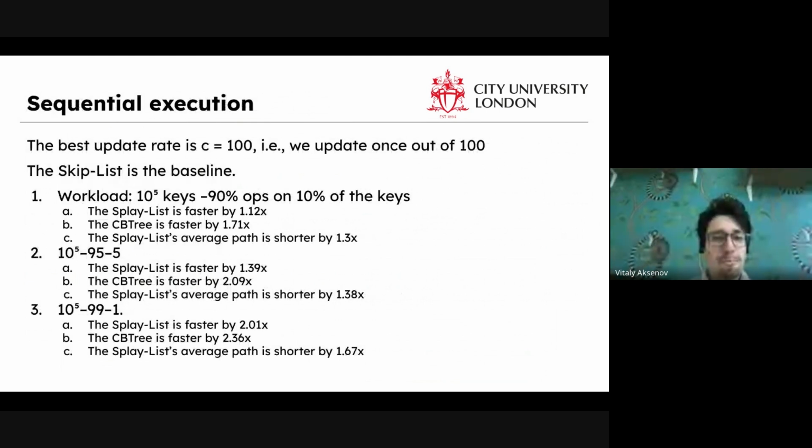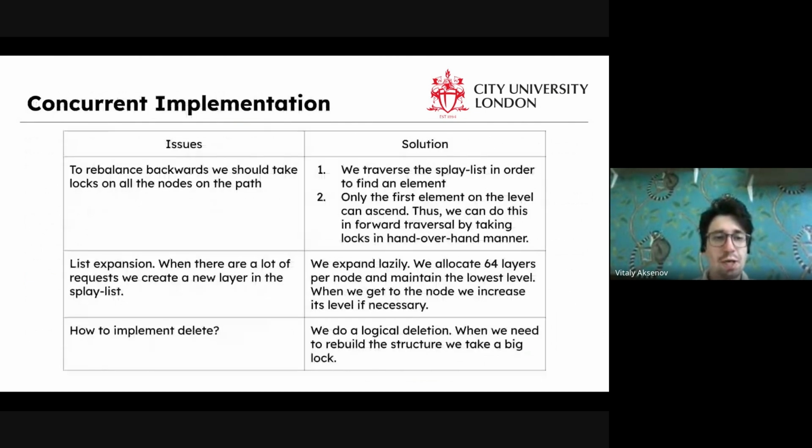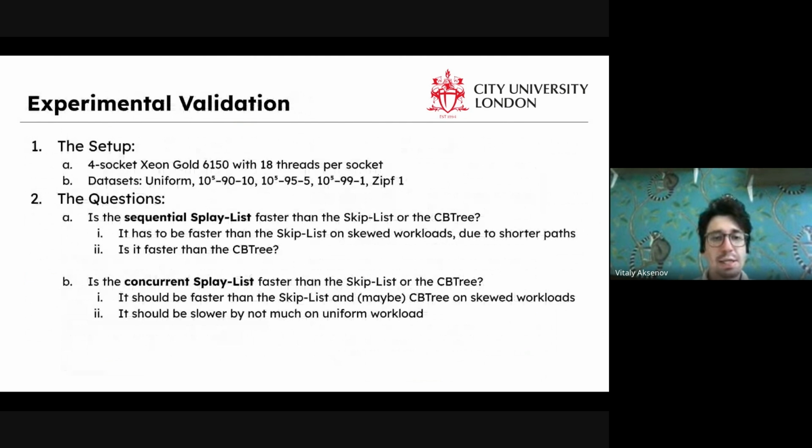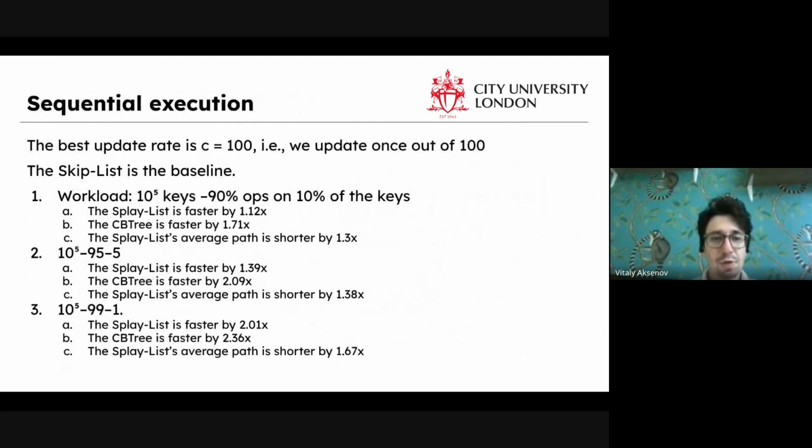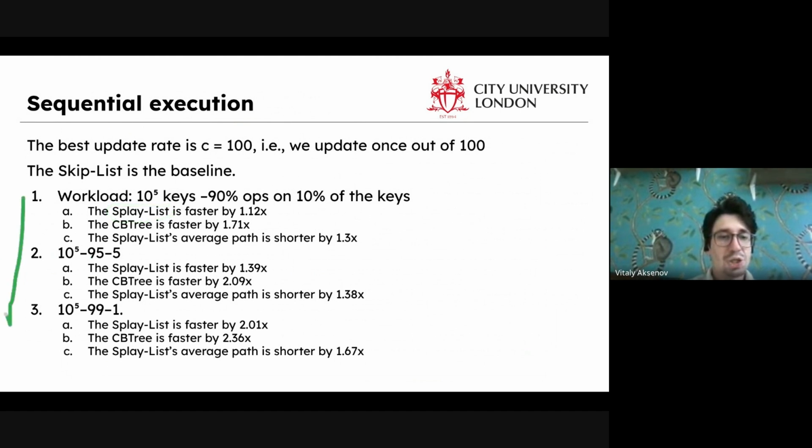So we looked at the sequential execution of the data structure. We compare against SkipList and CBTree, because it's a self-adjusting data structure, and SkipList is the one we based on. We find that on our skewed workloads, Splay-List is faster than SkipList, but unfortunately not that much faster than CBTree.